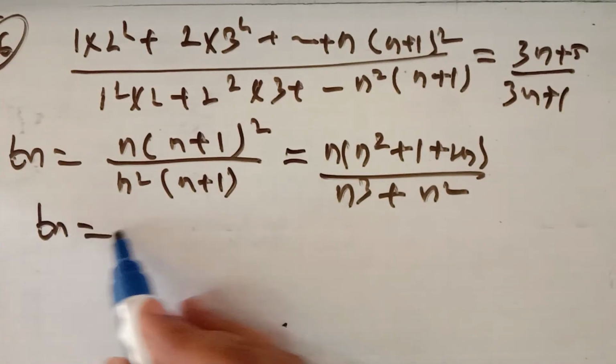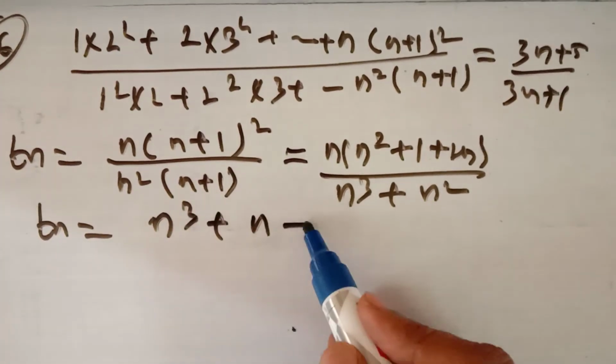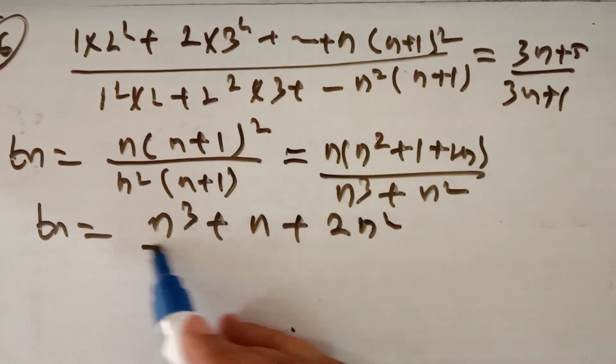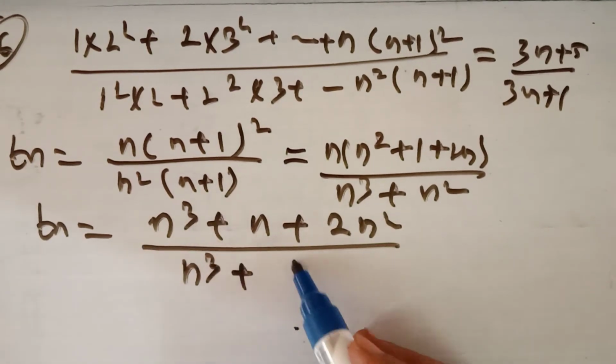So it will be n cube plus n plus 2n square upon n cube plus n square.